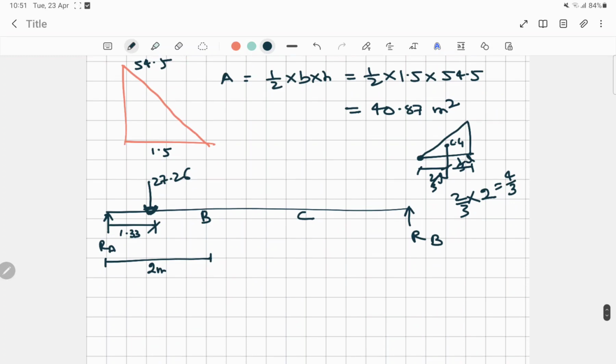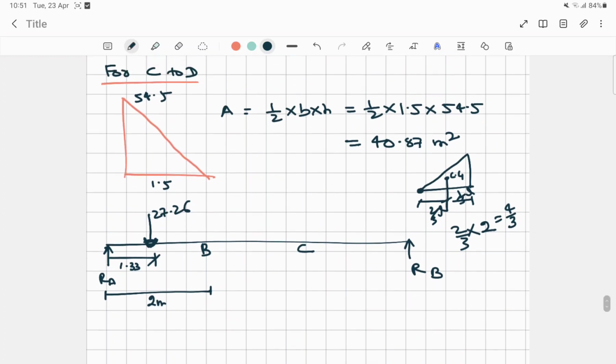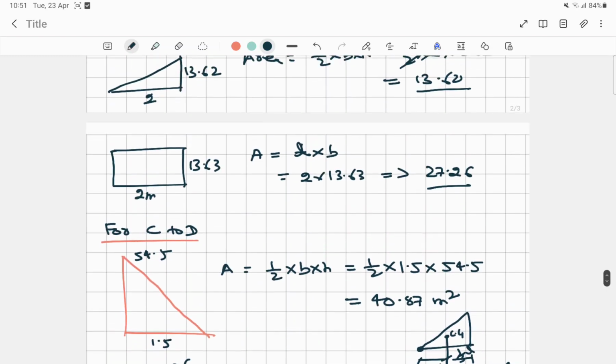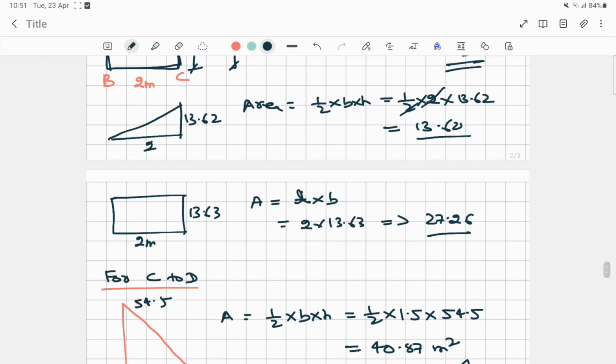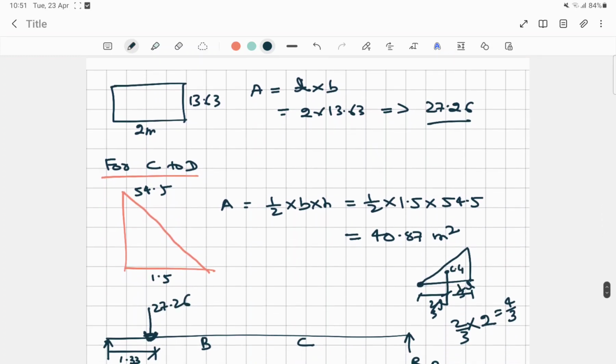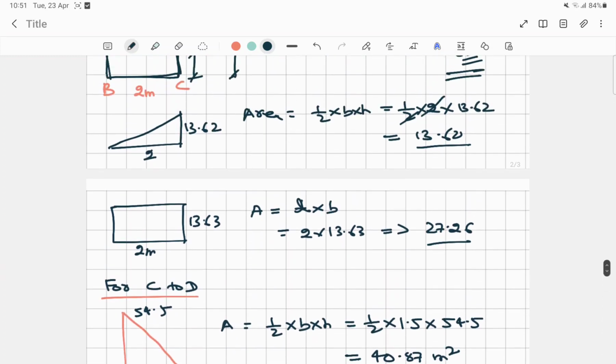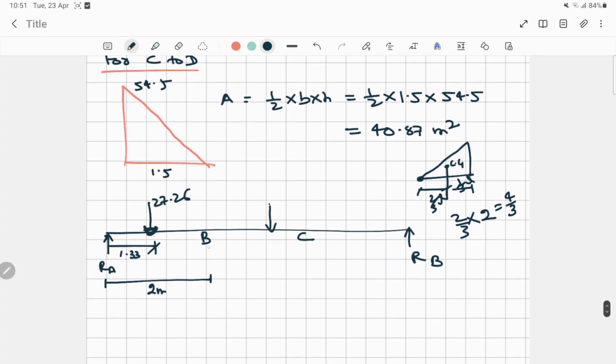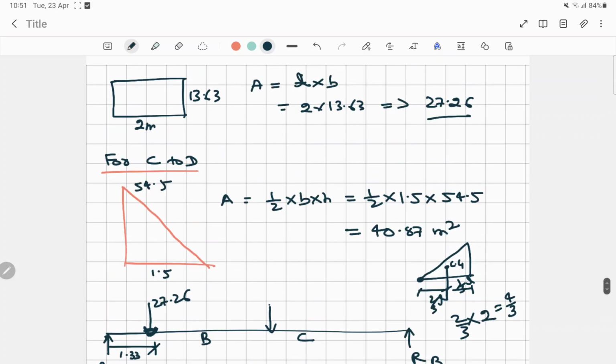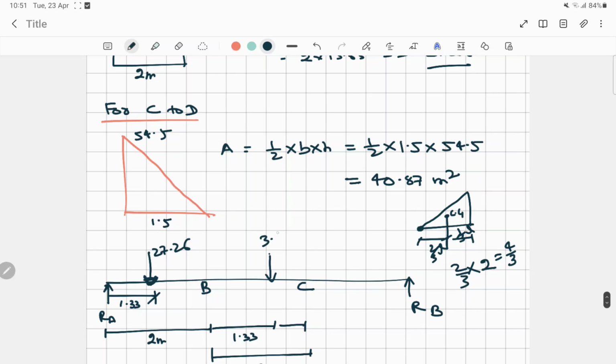The 13.62 will act somewhere here, with the CG at the center, and from here 2/3 of the L, so the distance from here to here is 1.33. The remaining will be, the whole distance was again 2 meter, minus this, 0.62.